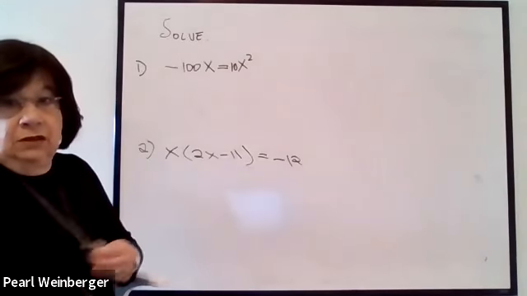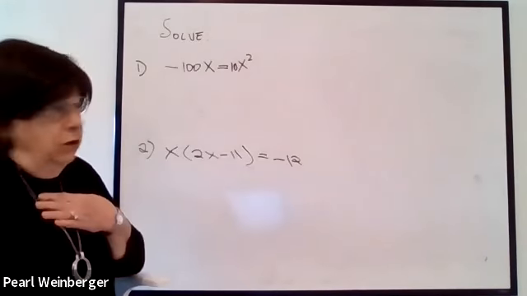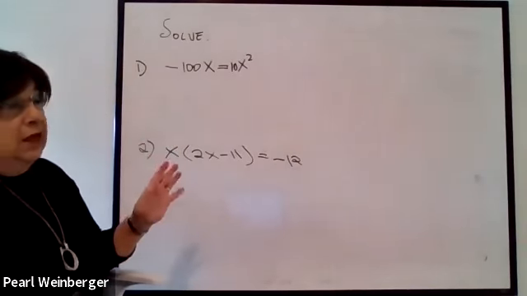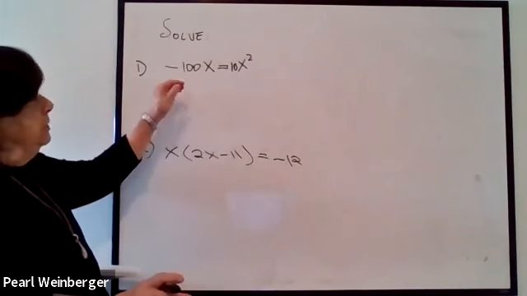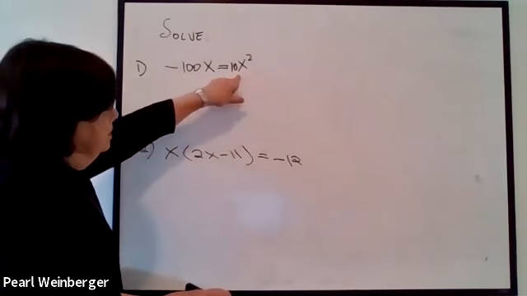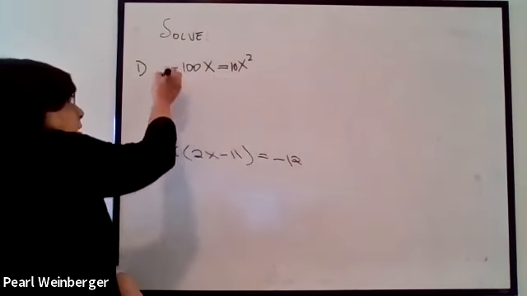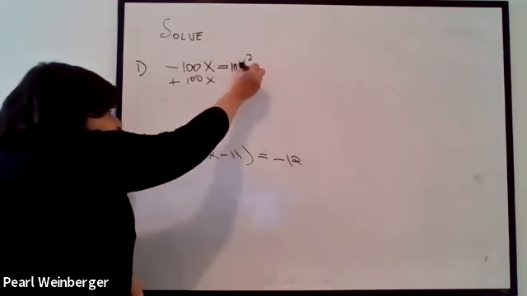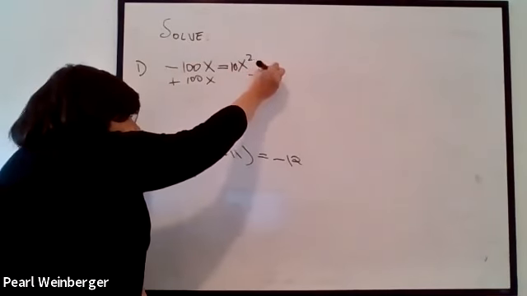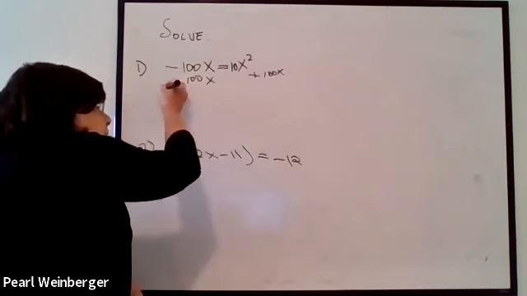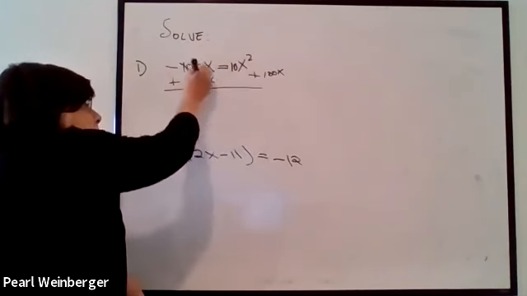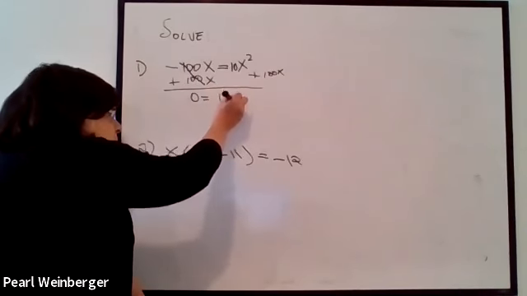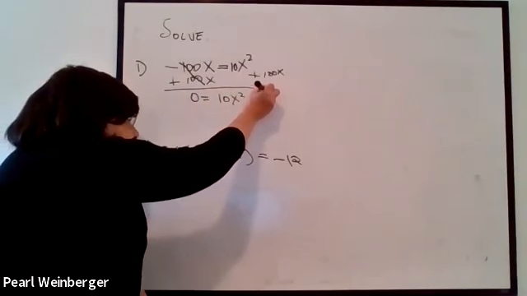Usually that makes it easier to factor. If you brought the 10x squared to this side, you'd get the right answer in any case, but you're less likely to make mistakes this way. Since I see a positive 10x here, I'm going to add 100x to both sides. Then we'll make this equal to 0, and this will be 10x squared plus 100x.